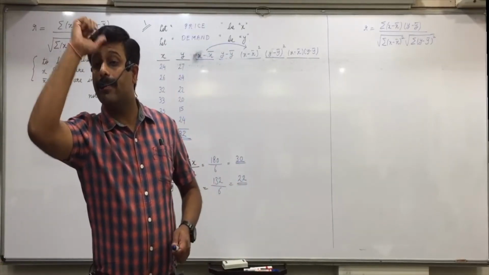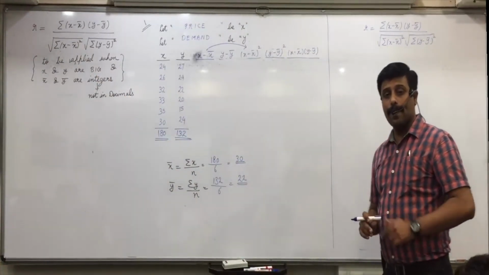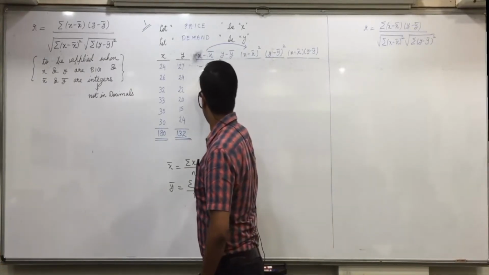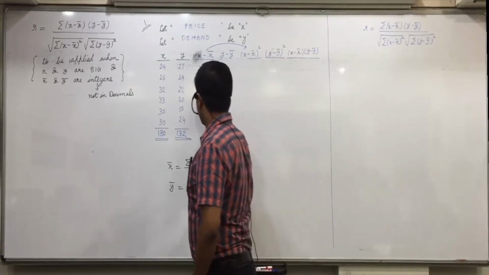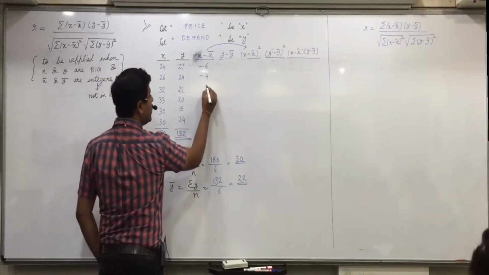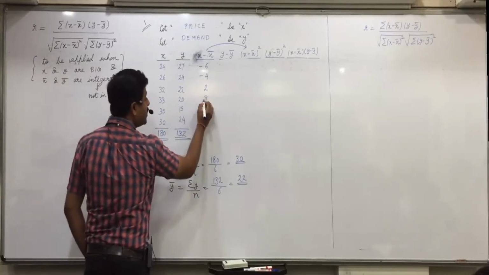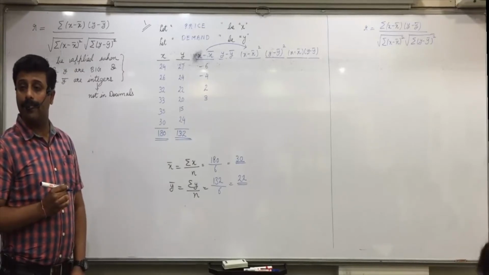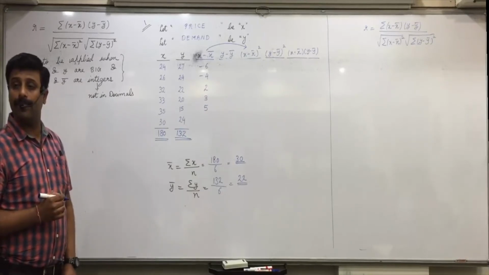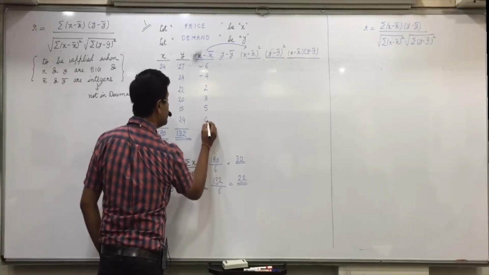Vidya, tell me the x minus x bar values. 24 minus 30, minus 6. 26 minus 30, minus 4. 32 minus 30, 2. 33 minus 30, 3. 35 minus 30, 5. 30 minus 30 is 0.